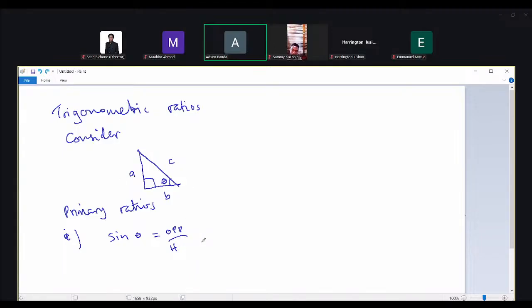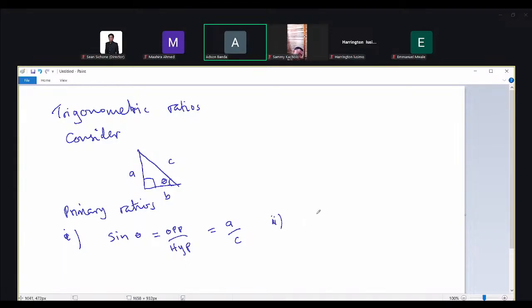Right, so that's the sine ratio. And of course, the opposite of this angle theta here is A, and the hypotenuse in this case will be C. So this is the first trigonometric ratio, which is called the primary ratio.